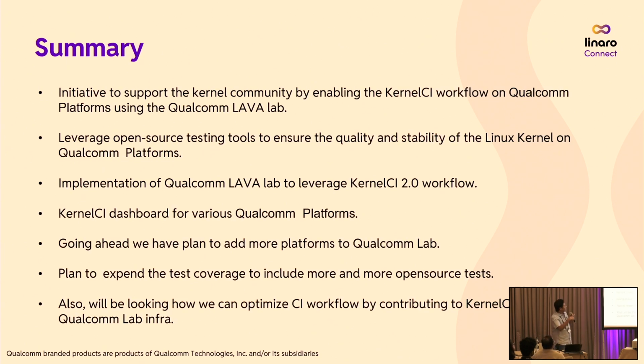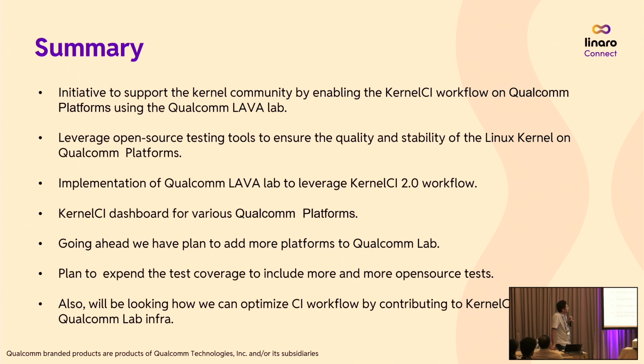A bit of a summary of whatever we have gone through. We talked about our initiative to support the community through the Qualcomm LAVA Lab, which is already up and running for a few platforms. The main thing is achieving all this CI/CD pipeline using only open source tools in testing.